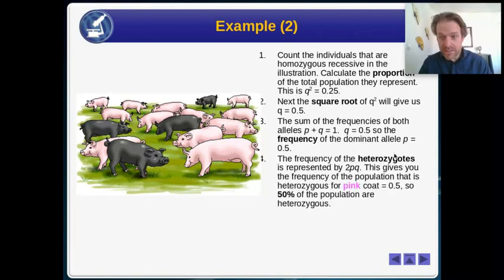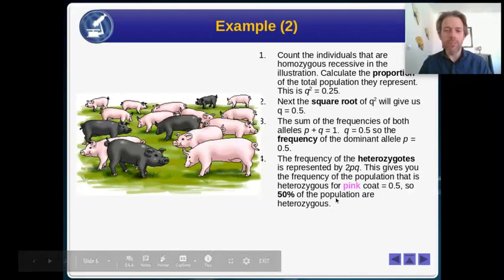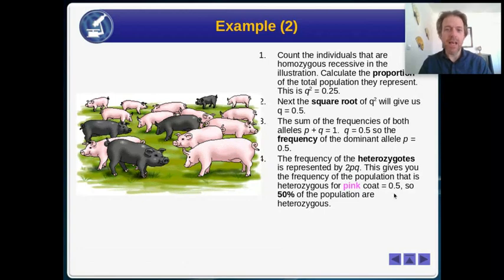Then we can use that to calculate our heterozygotes. So we can do 2 times P times Q, so 2 times 0.5 times 0.5, which means we end up with a value of 50%, or 0.5, of our pink population being heterozygous.